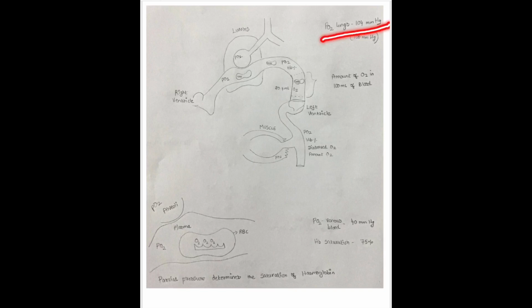So the partial pressure of oxygen in the oxygenated blood is 100 millimeter of mercury. Whenever I ask you what is the partial pressure of oxygen in the lungs, just say 100. What is the partial pressure of oxygen in the oxygenated blood? Say the same, 100 millimeter of mercury. So in this way you will never forget this partial pressure of oxygen.